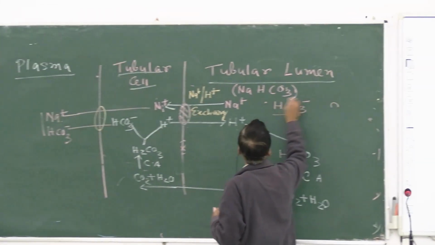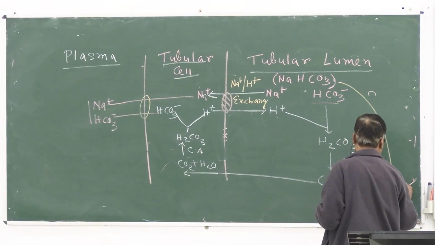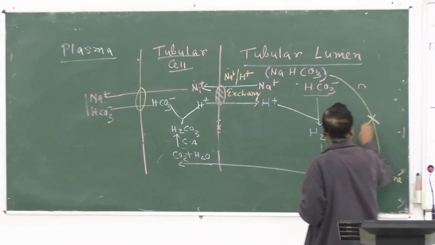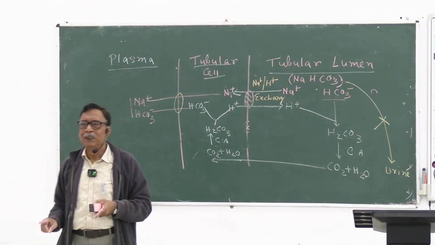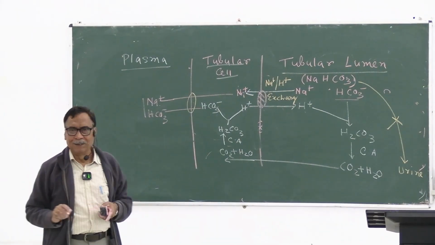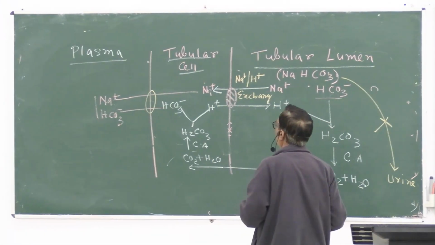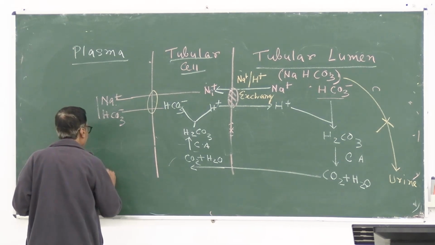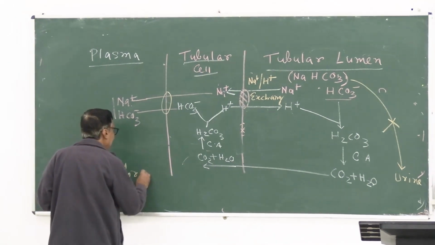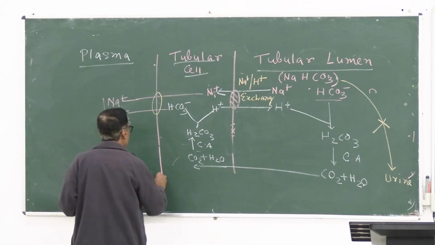So is there no loss? This bicarbonate could have been lost, it could have gone out through urine, but it will not. It will not be lost in urine, it will again come to the blood. That is called reabsorption of the bicarbonate or reclamation of the bicarbonate ion, which is a very important function of the kidney, and this function occurs mainly in the proximal tubule.